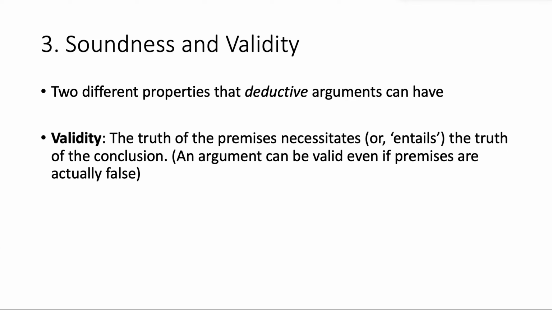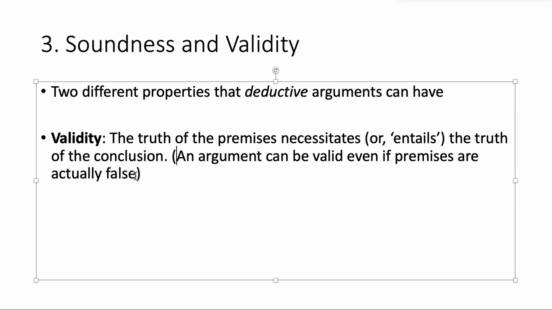Okay, hopefully this is all sounding super familiar. What's validity? Well, an argument's valid when the truth of the premises necessitates or entails the truth of the conclusion. I'll come back to explaining more about what's in parentheses here, but an argument can be valid even if the premises are in fact false.